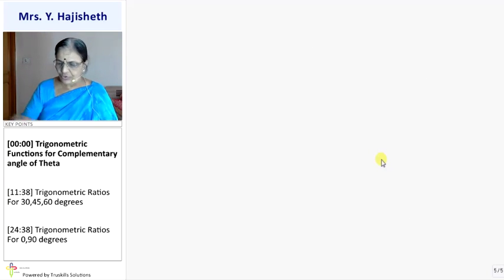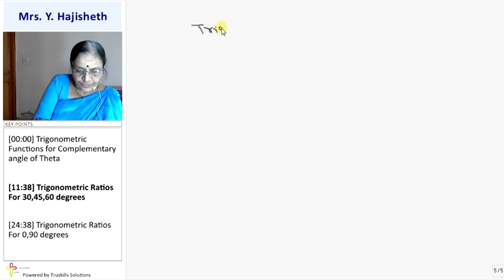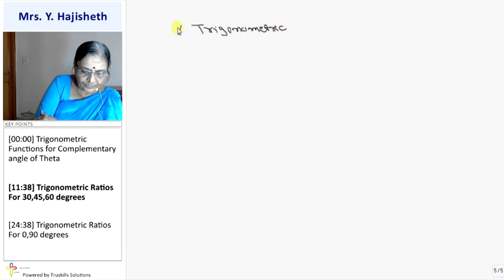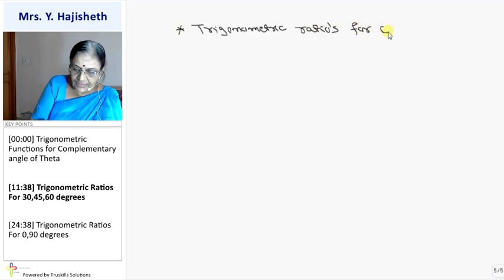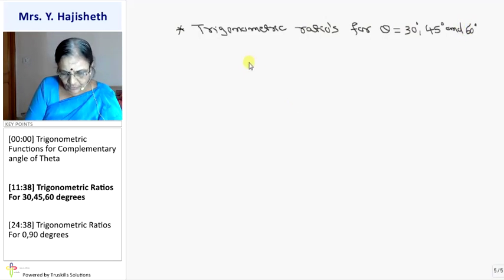Now, how to find out trigonometric ratios for theta is 30 degree, 45 degree and 60 degree. Suppose I want to find out all trigonometric ratios for theta is 45.